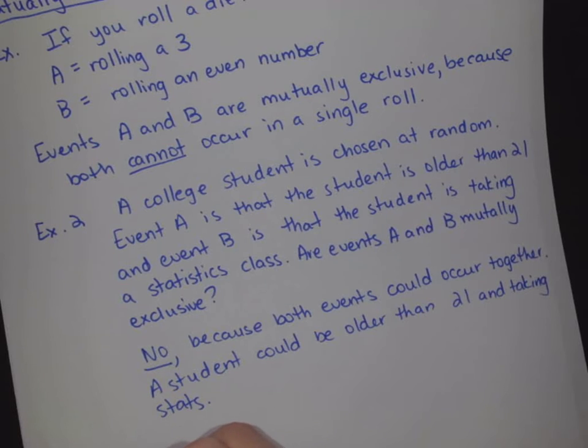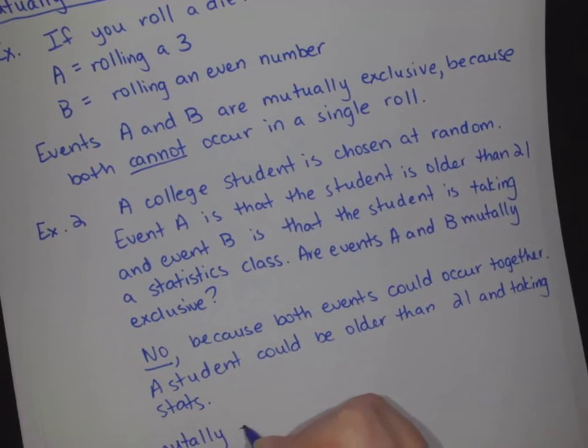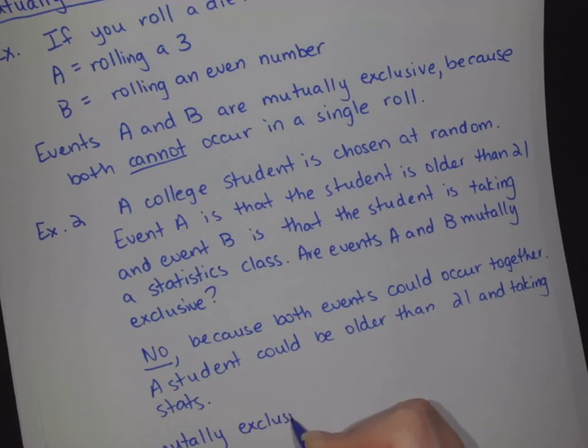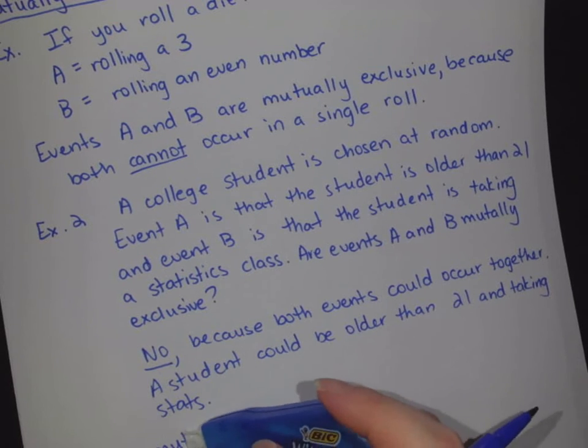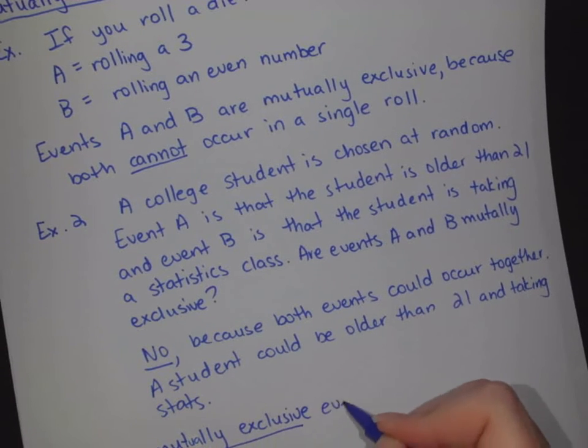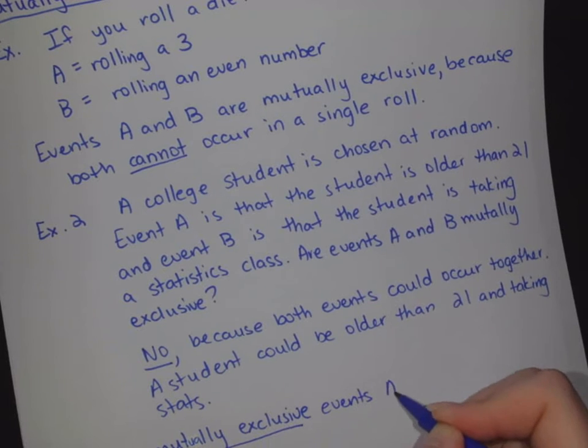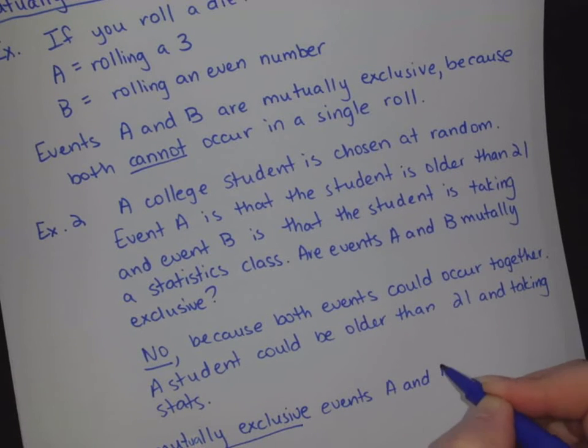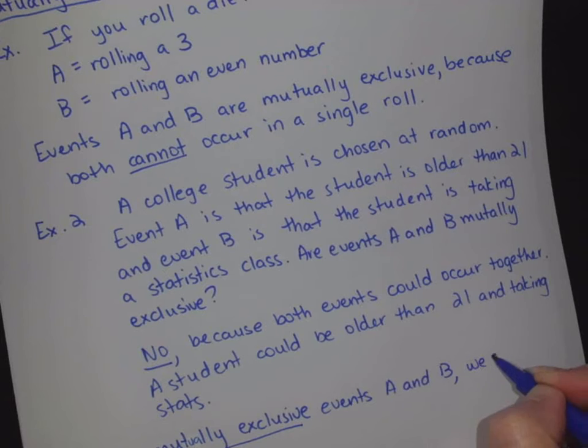When you're sure that two events you're referring to are mutually exclusive, I spelled mutually wrong, so for mutually exclusive events A and B, and this is only when you're sure that they can't occur together, we can simplify the addition rule.